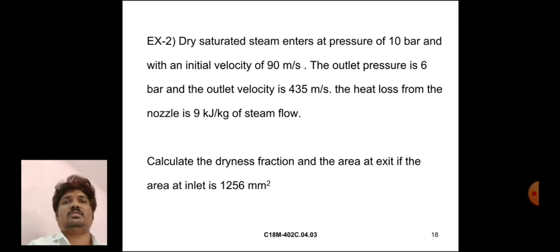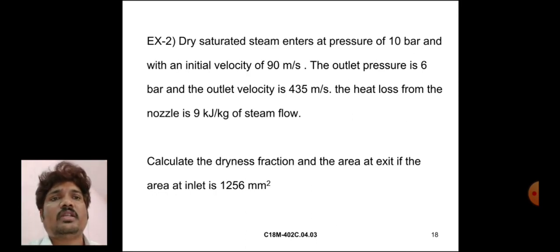This is the second problem. Calculate the dryness fraction and the area at exit if the area at inlet is 1256 mm square.